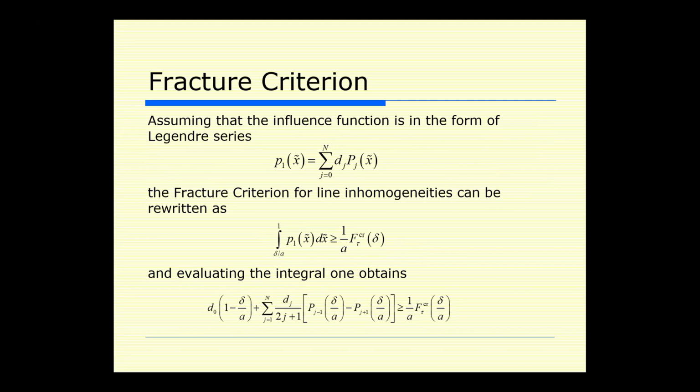So assuming that the influence function is in the form of a Legendre series, like this, the sum from j from 0 to n of d ij times the Legendre polynomial, the fracture criterion for line inhomogeneities can be rewritten in the following way, and after evaluating the integral one obtains this expression.